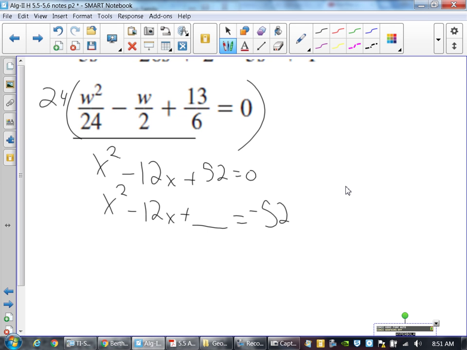And like I was saying a second ago about the ideas of when to use what method. Do I want to try to factor? Do I want to complete the square? Do I want to graph it? If I can't answer the question, what times what's 52 that adds together to get negative 12, in about 15 seconds, knowing that my B value is even, it's a prime candidate to use completing the square because half of 12 is 6.